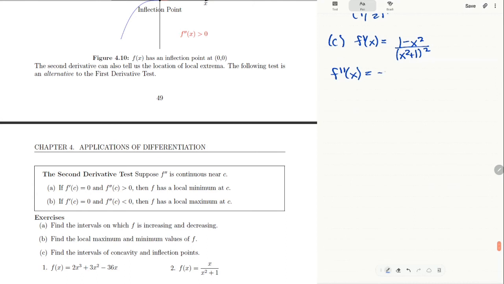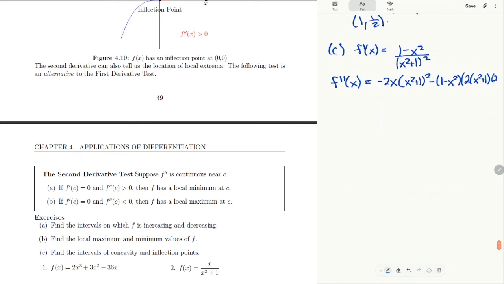We have negative 2x times x squared plus 1 squared, minus 1 minus x squared times 2 times x squared plus 1 times 2x, and that's all over the denominator squared, so x squared plus 1 squared squared.